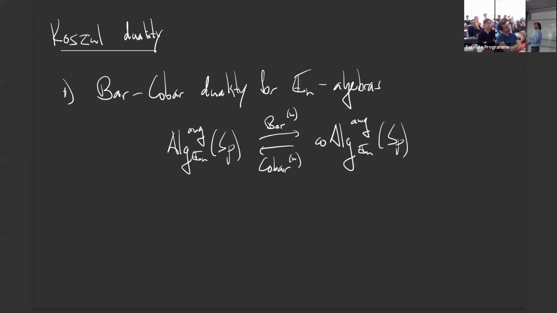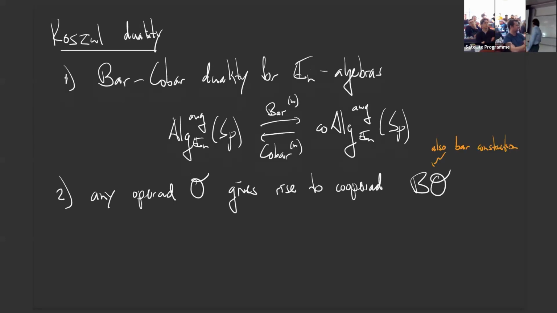The other thing you could do is this general notion of operadic Koszul duality, which you could just try to specialize to the case of En. So for any operad O, you can always form something that you could call the Koszul dual cooperad. And again, it's a bar construction. So you think of O itself as an E1 algebra, as an associative algebra in the category of symmetric sequences with respect to composition product.